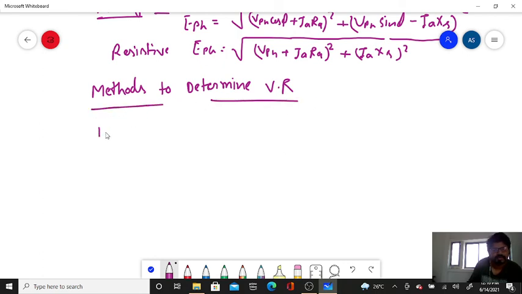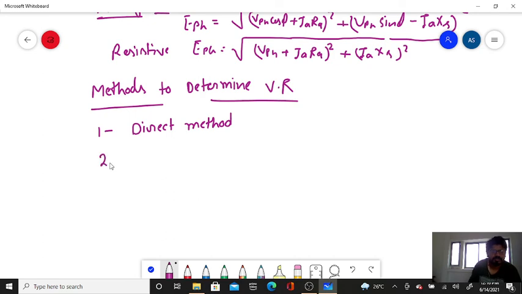The first is the direct method. In this we directly connect the actual load to the generator, and we can calculate voltage regulation from there, but it is restricted to small rating machines only.